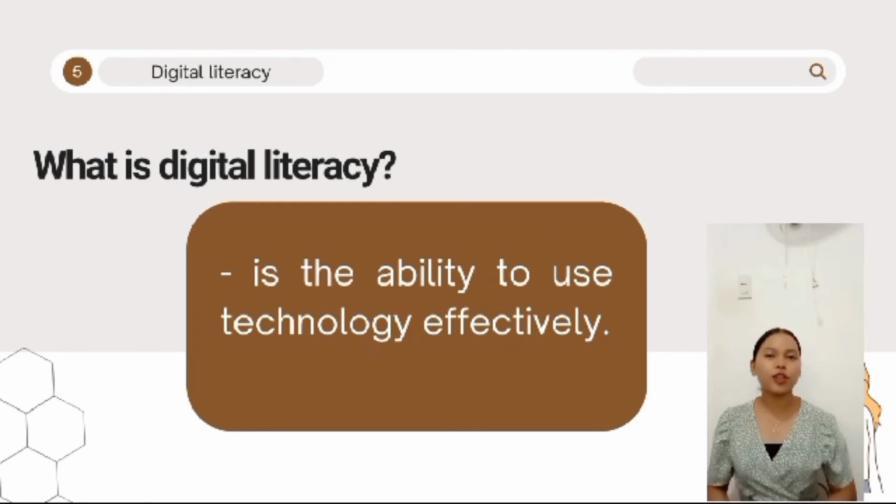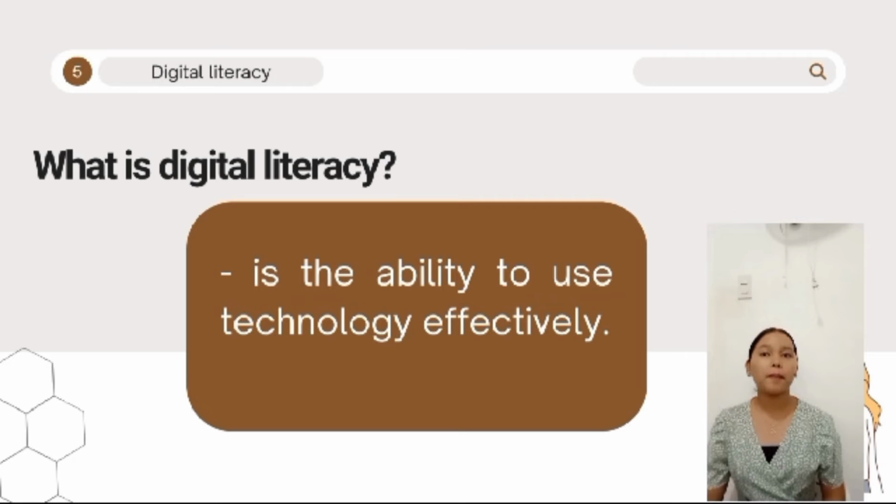Okay, class. So now let us proceed to our proper discussion. So let us tackle first the digital literacy. So digital literacy is the ability to use technology effectively. So when we say digital literacy, it is the ability to understand, use, and communicate through digital technologies effectively.